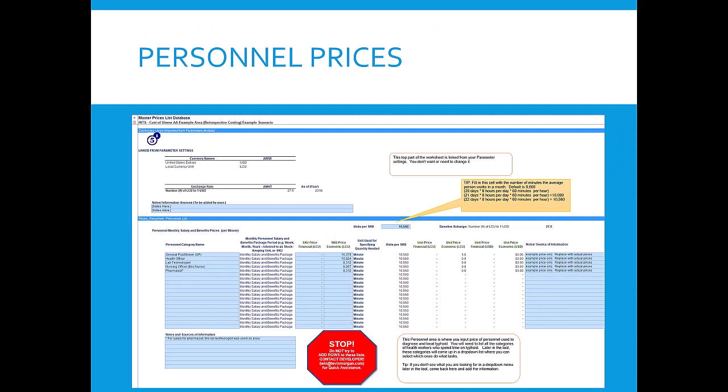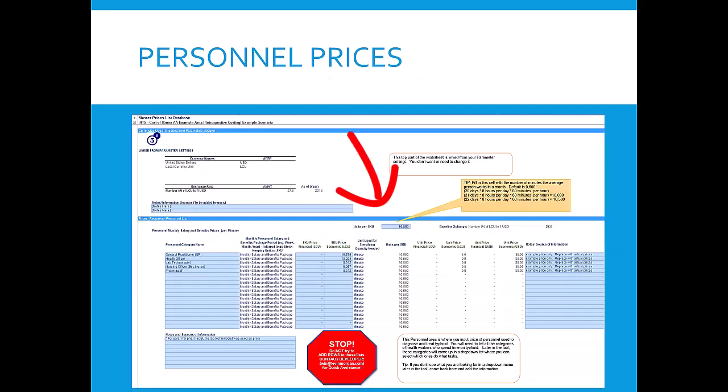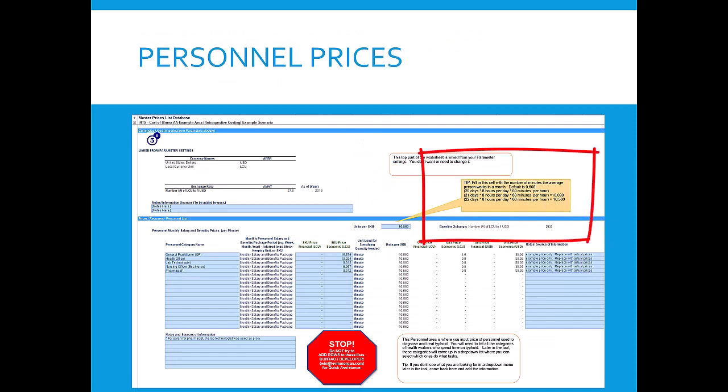We'll start with the personnel prices part of the database. That's what it looks like. The first thing you'll see in the personnel prices database is a little blue cell that you see right here and a yellow box that gives you a tip on how to fill it out.